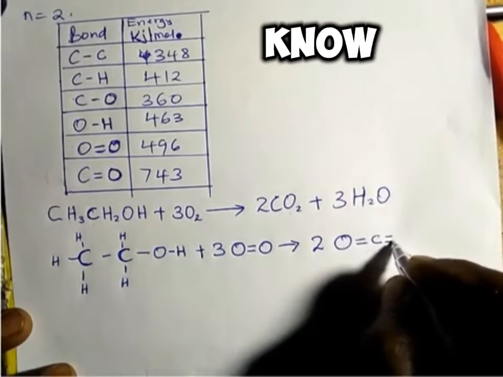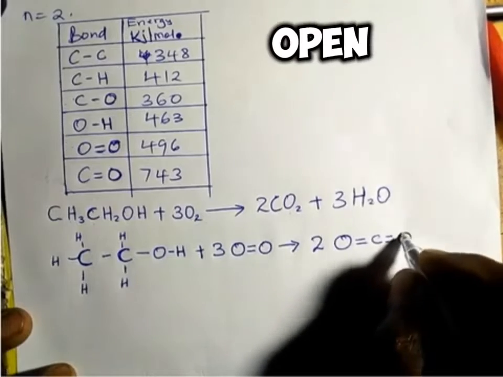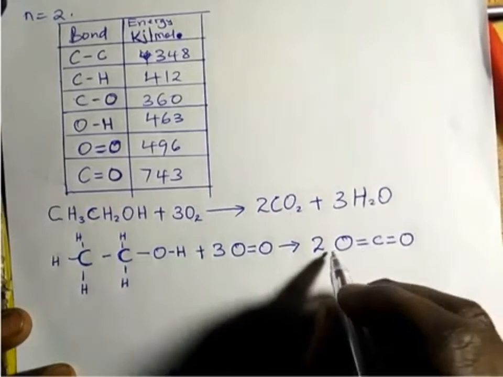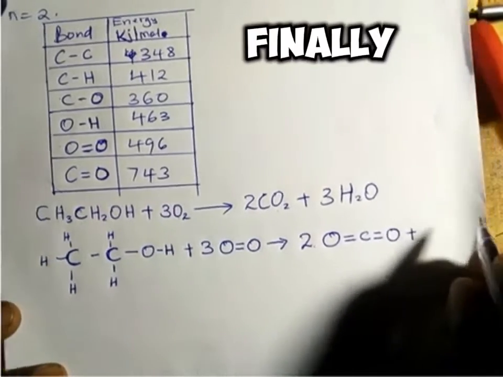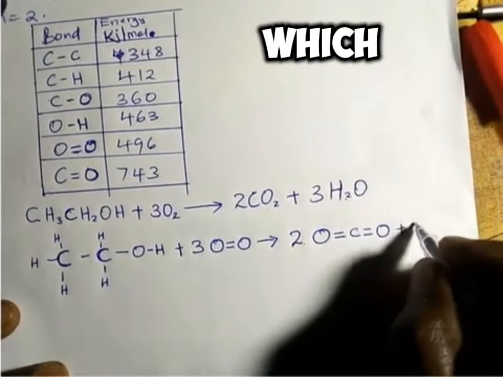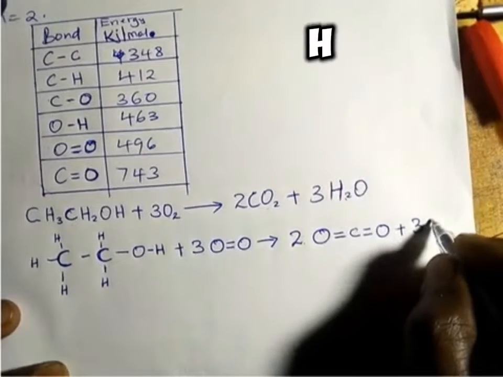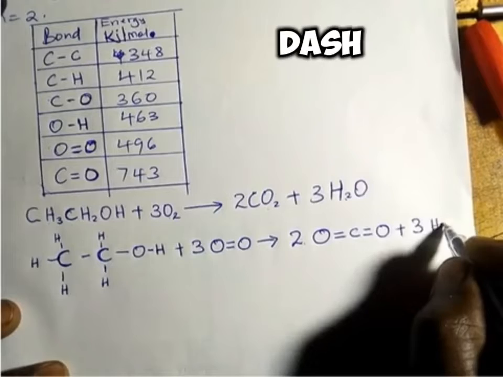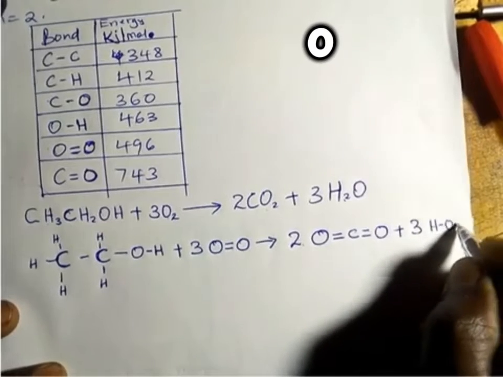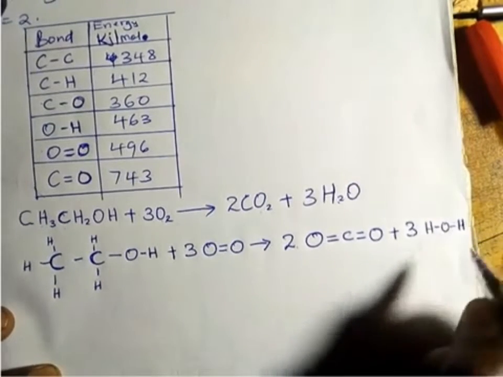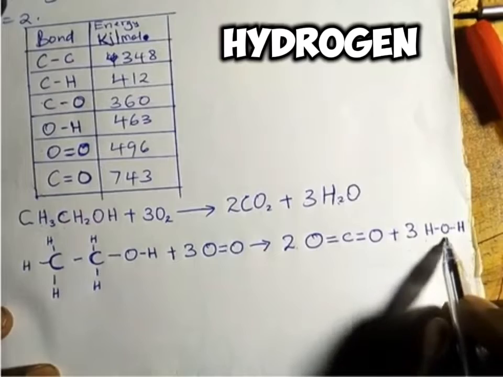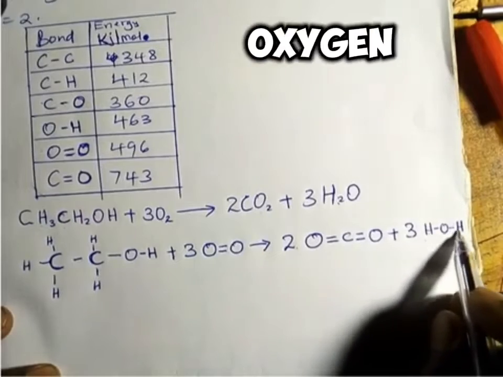They did not know how to open these structures. There are 2 of them, and then finally we have water, which is H dash O dash H. We have hydrogen, oxygen, hydrogen.